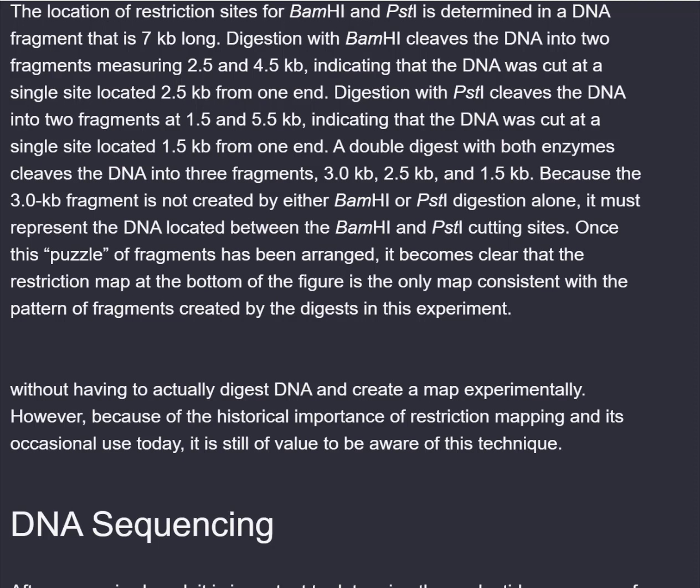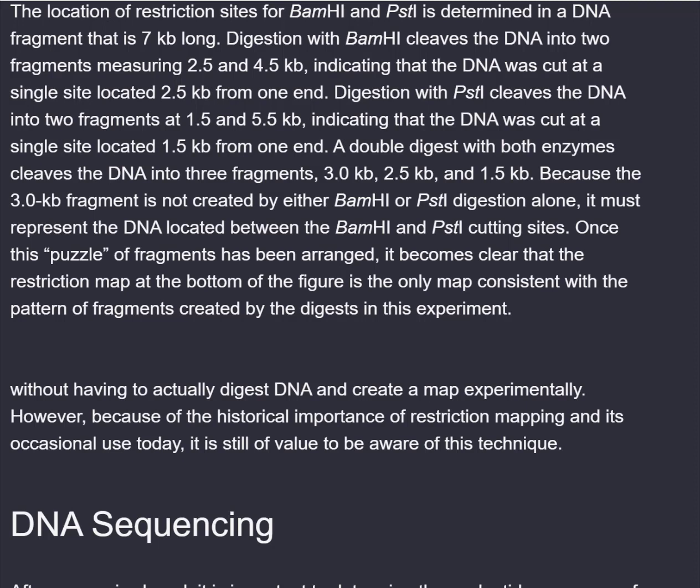A double digest with both enzymes cleaves the DNA into three fragments, 3.0 kb, 2.5 kb, and 1.5 kb. Because the 3.0 kb fragment is not created by either BamHI or PstI digestion alone, it must represent the DNA located between the BamHI and PstI cutting sites.